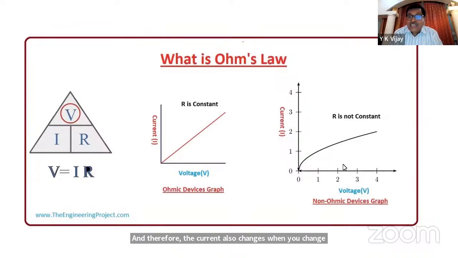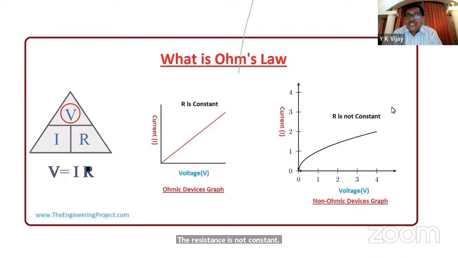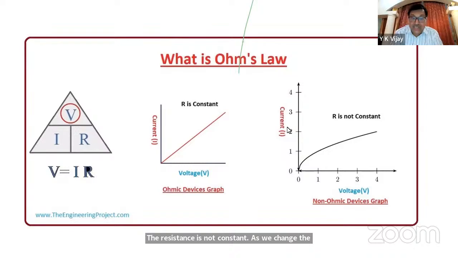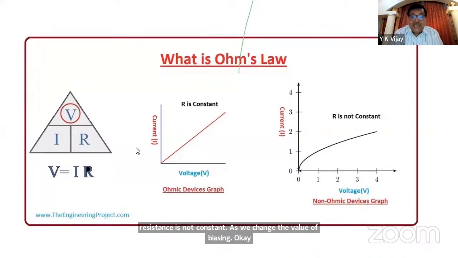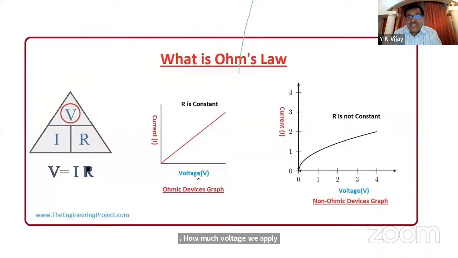We expect a non-linear behavior. The resistance is not constant as we change the value of biasing, how much voltage we apply. The current is not varying proportionally with the voltage. So that's the practical effect.